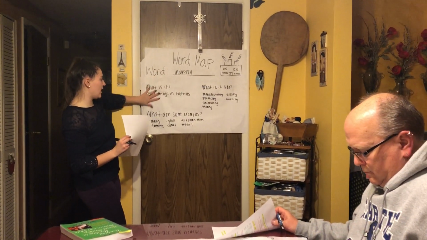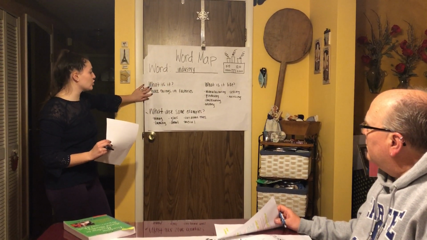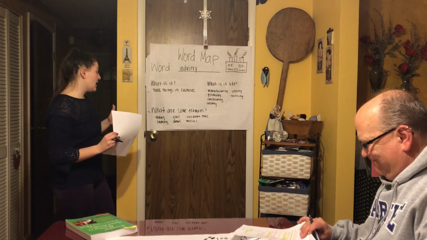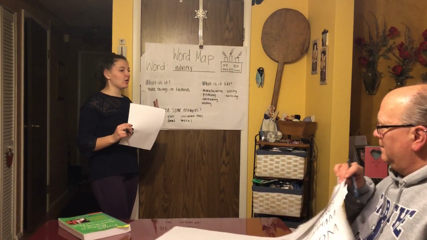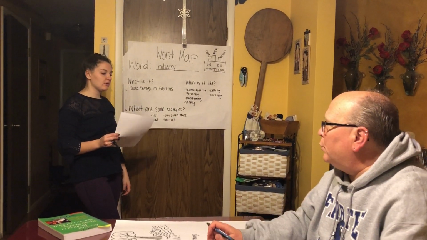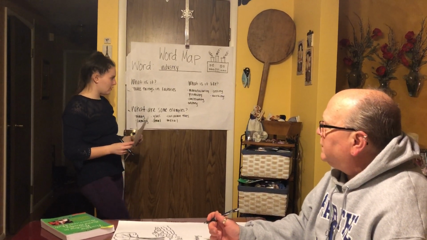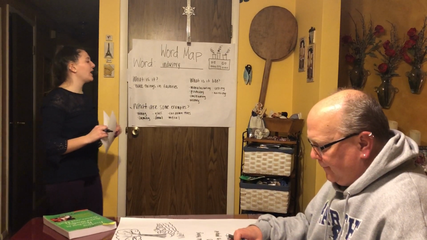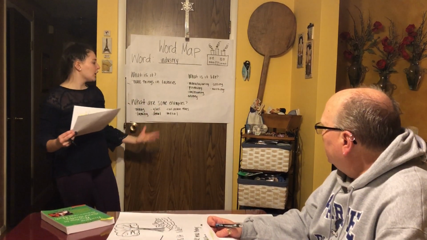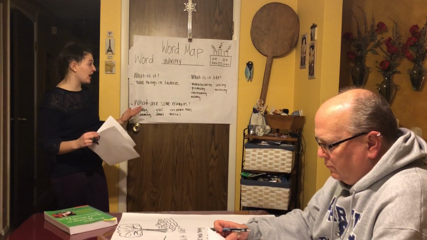So I see that you wrote, what is it? Industry is making things in a factory. That is great. What is it like? What did you say it's like? It's like going to work and building stuff and constructing things that you're going to sell for money. Right, exactly. So he wrote a few ideas: selling, working, producing, constructing, making money, manufacturing.